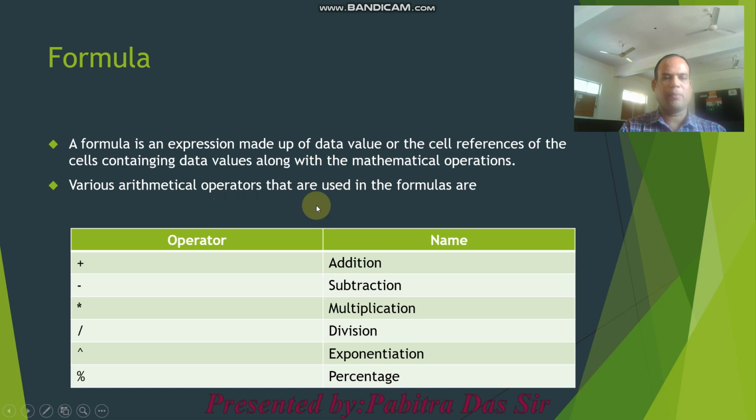Various mathematical operators used in a formula are addition, subtraction, multiplication, division, exponentiation and percentage. These are the arithmetic operators. Different types of operators are arithmetic operator, logical operator, range operator, like this.